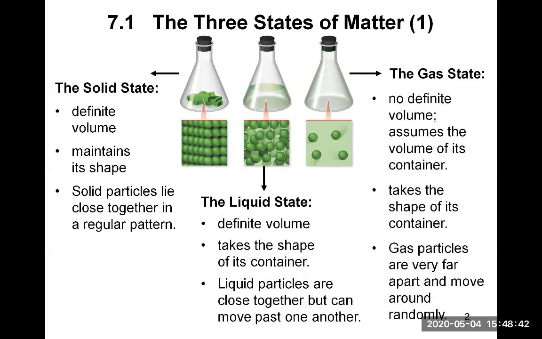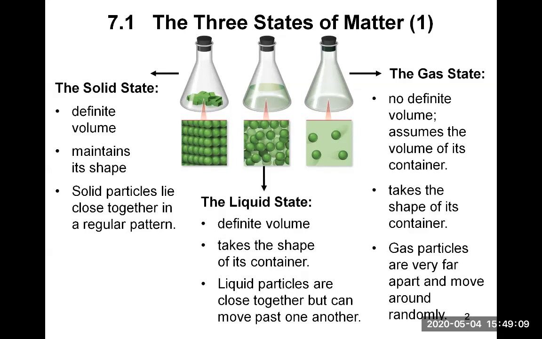And so that explains the properties of liquid. Then in the gas state, there is no definite volume for a gas. And so the gas will assume the volume of its container. So the more volume you provide to a gas, the more it will expand into that volume. So you can compress a gas into a smaller volume. And if you compress a gas into a cylindrical tank, then it will take that shape.